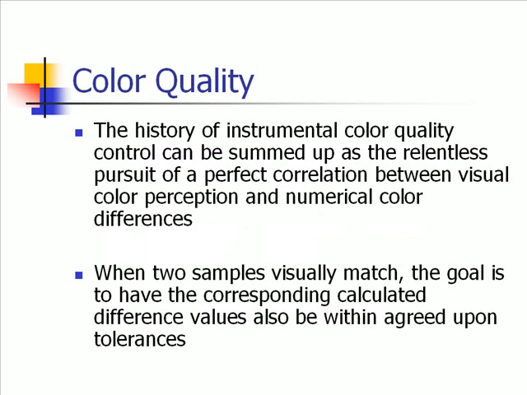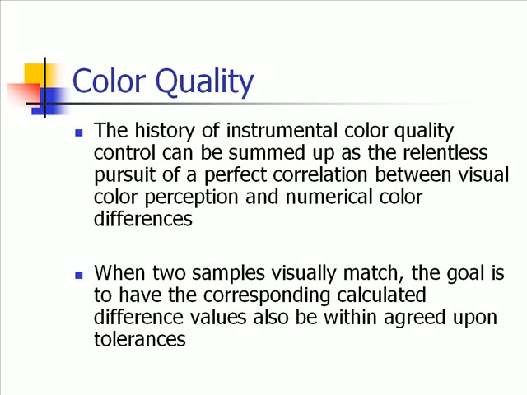We always say visual is what we want to model, so we want to know how good our color difference equations come to that. When two samples visually match, the goal is to have the corresponding calculated difference values be within an agreed upon tolerance. So if we say our tolerance is 1, a total color difference of delta 1, then if it's above 1, it's unacceptable, and if it's below 1, it's acceptable.